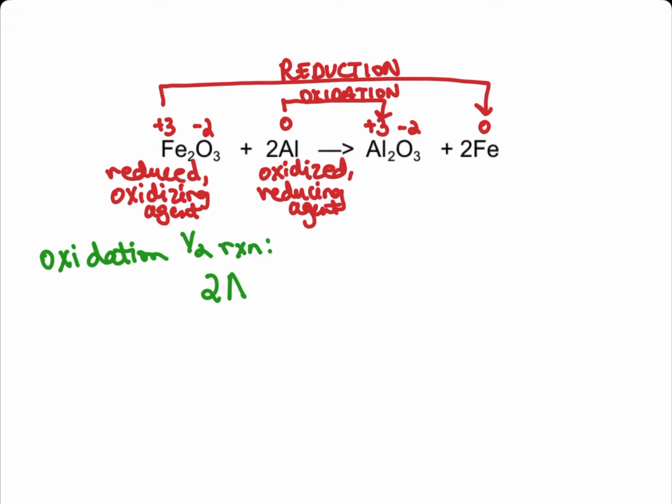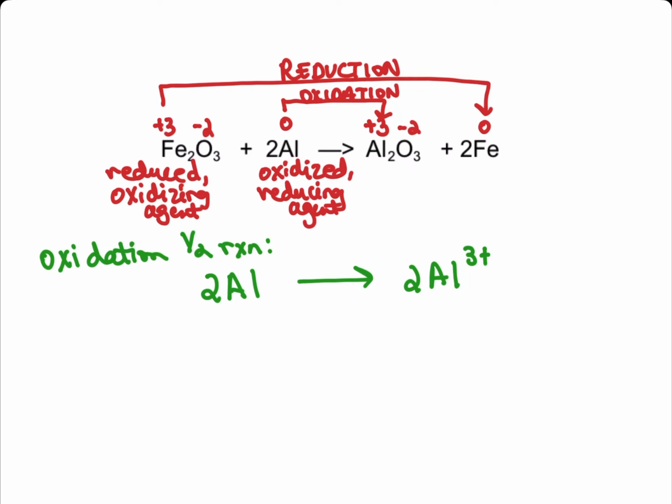So 2 aluminum yields, I can't write this entire molecule because not this entire molecule is being oxidized, only part of it. And the part that's being oxidized is the aluminum cation. So this goes to, there are 2 units of the aluminum cation.